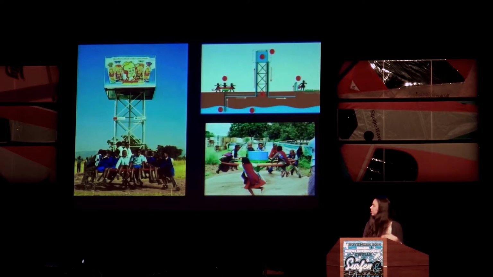In addition, the device cost about 4 times more than a regular water pump. The water pumps that many villages in this community in Mozambique already had access to were much less expensive than this new, very innovative, playful play pump. And unfortunately, these pumps broke very frequently, and they were extremely difficult to maintain, especially considering they required engineers and specialists coming in from outside.